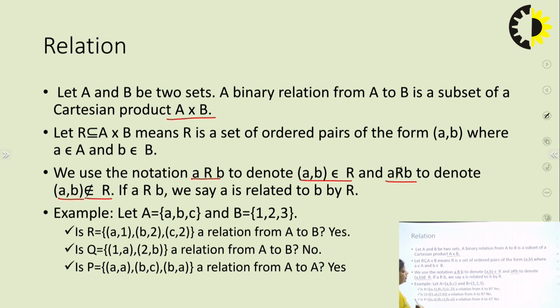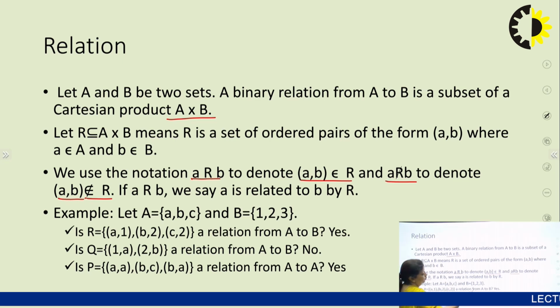Now let's take an example. Suppose I have a set A which contains three elements, a, b and c, and I have a set B which contains three elements 1, 2 and 3. Now the first part: R, which contains (a, 1), (b, 2) and (c, 2), is it a relation from A to B?